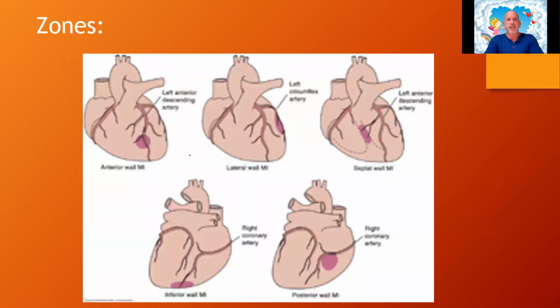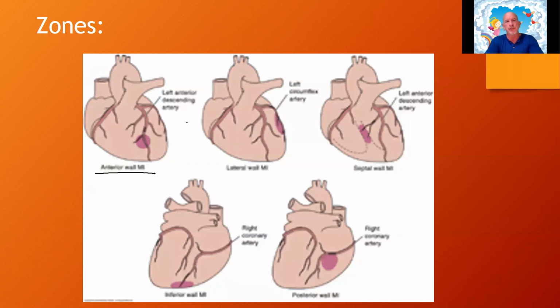Here's a good example, and again, the slide is fuzzy. Here are some classic areas where you will see blockages occur. Here's the left anterior descending artery, the LAD. If that gets blocked, it blocks off the anterior wall.